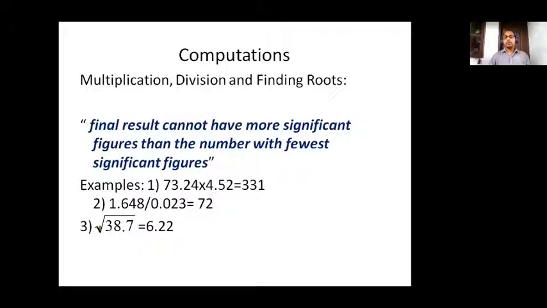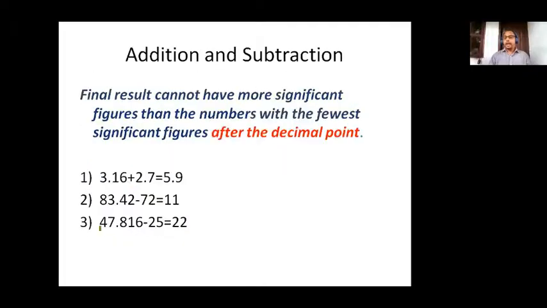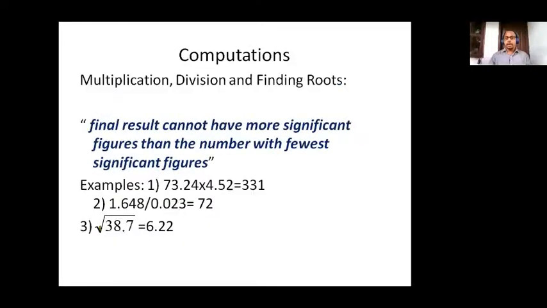Now we go to computations using significant figures. If we add, subtract, multiply, and divide by significant figures, we have to follow some rules. In multiplication and division and finding roots, the final result cannot have more significant figures than the number with the fewest significant figures.